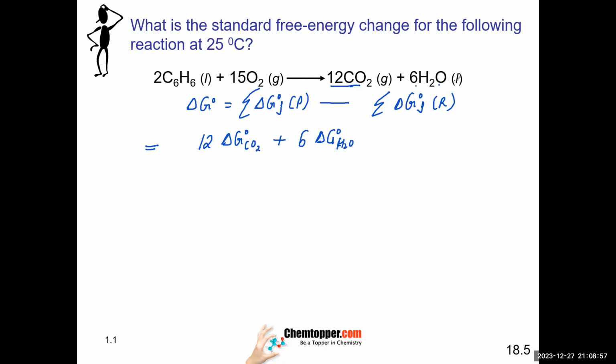And it should be liquid. In the table, gas will also be written. It's a thermochemical equation, liquid, solid, gas. You have to take care of that.